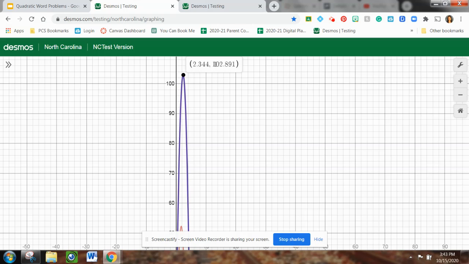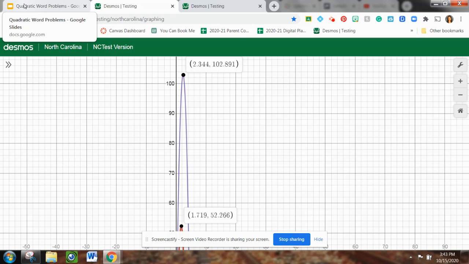So I'm going to put 102.89 into my calculator, and I'm going to subtract that 52.27 from this one. So 102.89 minus 52.27 is a difference of 50.62 feet.